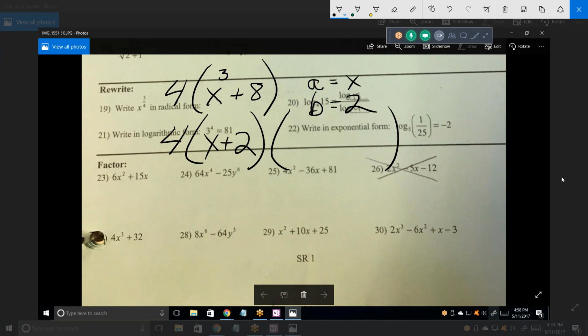Now the second term. Remember, this term is a squared, so x squared. The sign of the middle term is the opposite of the first term, so it's got to be minus. 2x. The middle term is ab.